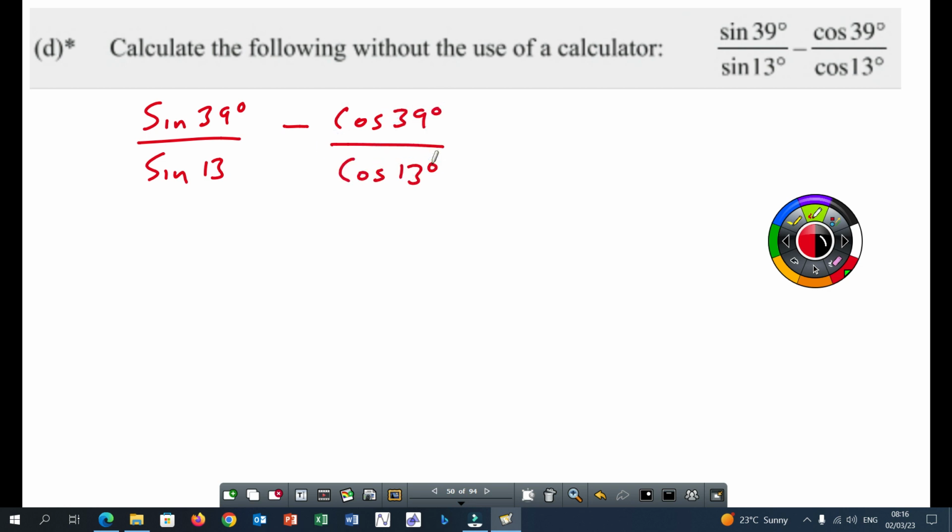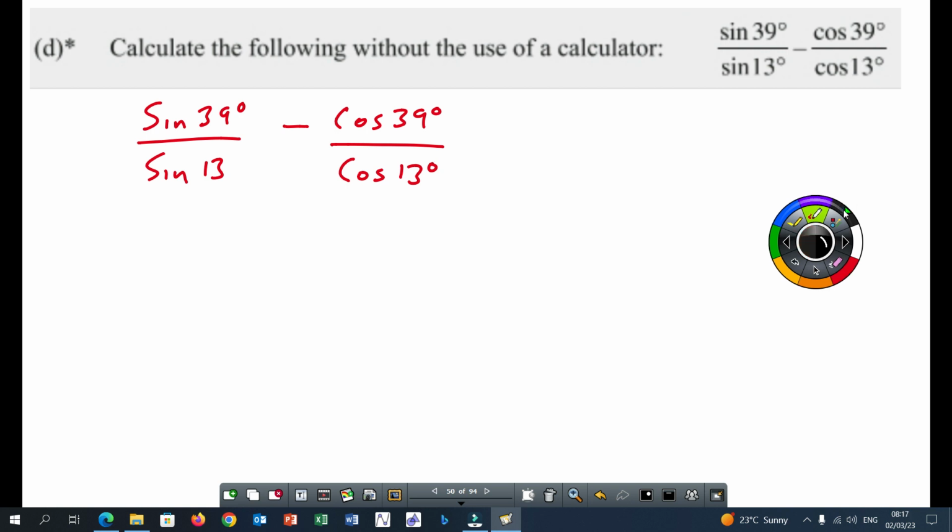This question, when I was moving around, some of you had challenges, but it's so easy. It just requires your knowledge of algebraic fractions. Remember, grade 10, we did algebraic fractions. We need that. So, sine 39 degrees over sine 13 degrees minus cos 39 degrees over cos 13 degrees.